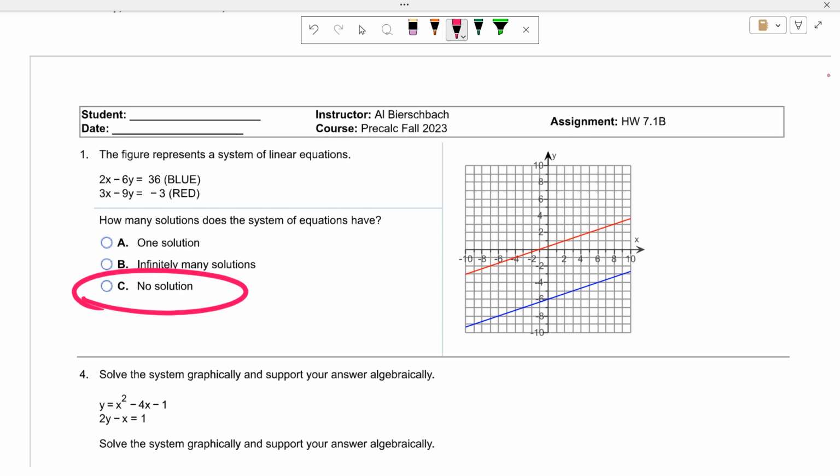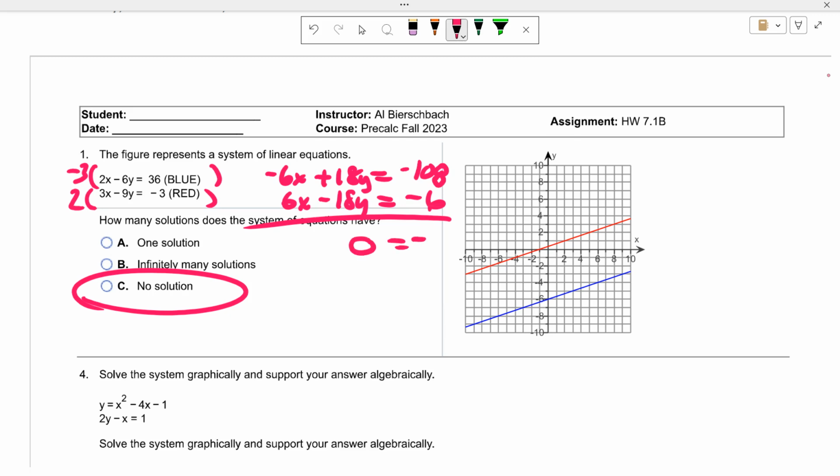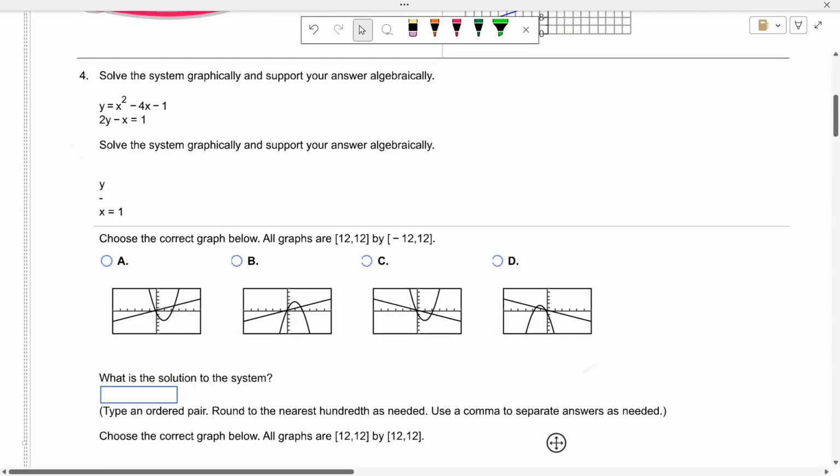If you wanted to check, what you could do is solve these equations, multiply the top by -3 and the bottom by 2, and then you'd get something like -6x plus 18 equals some big number, -108, and then 6x minus 18y equals -6. You add, you get 0 equals -114. So obviously no solution. But just looking at the graph, you can get no solution.